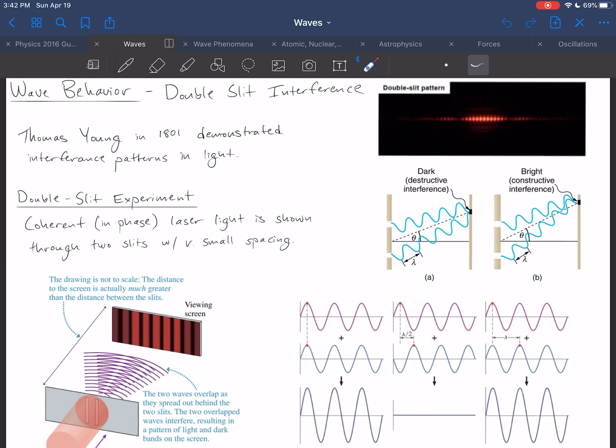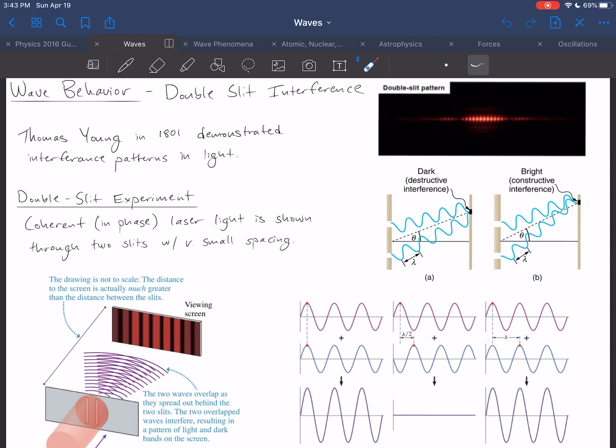But if you go above that point on the wall here, zoomed in a little bit in this diagram, so you keep moving upwards on the wall, now the light from the lower slit has to go an extra full wavelength. And so those two waves, the one from the lower slit and the one from the upper slit, line up again, and you get perfect constructive interference again, giving you another very bright fringe on the wall.